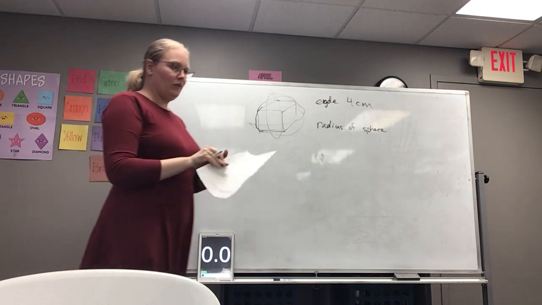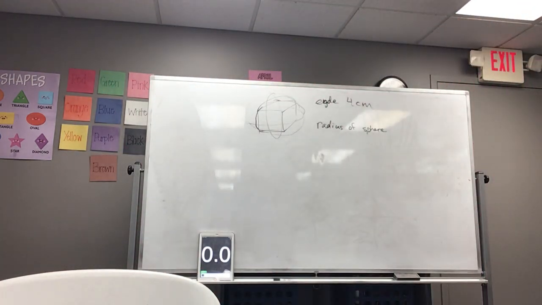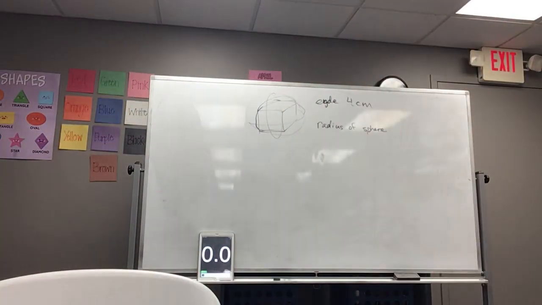My drawing is quite bad. If you want to see their picture, it might help a little bit. So the idea is, this is 4 centimeters. How do we find the radius from the center to a corner?